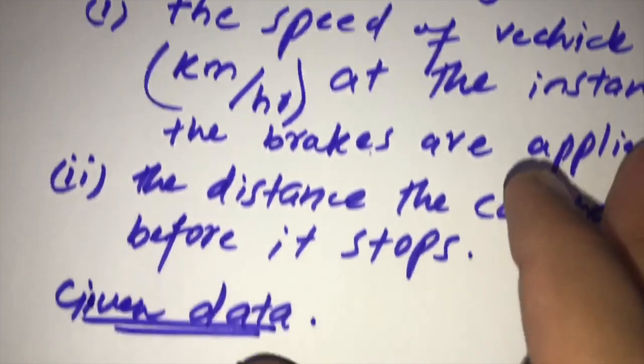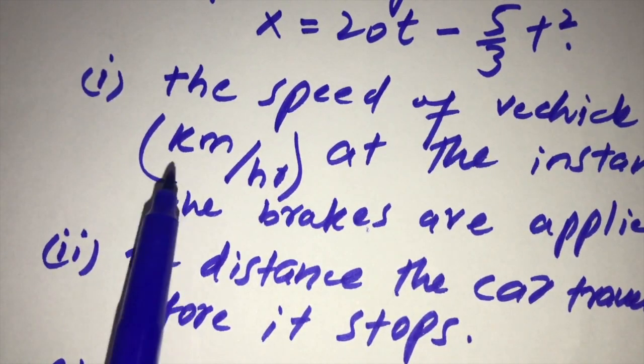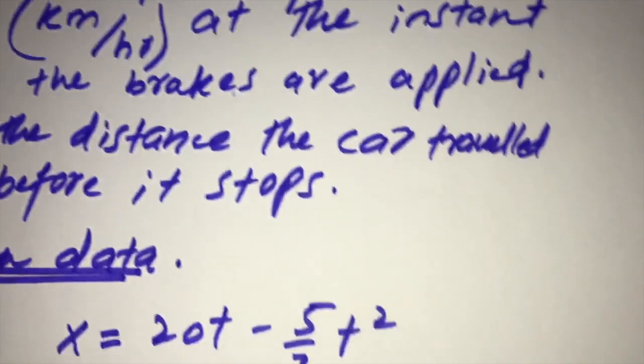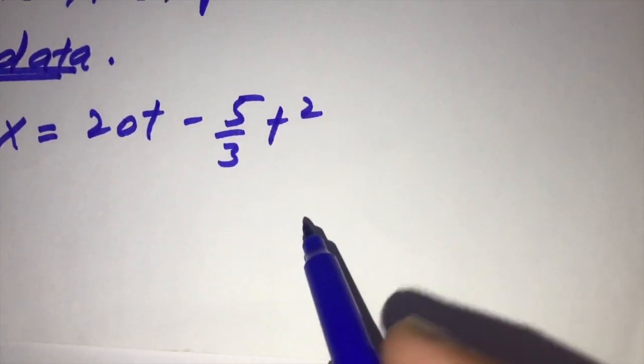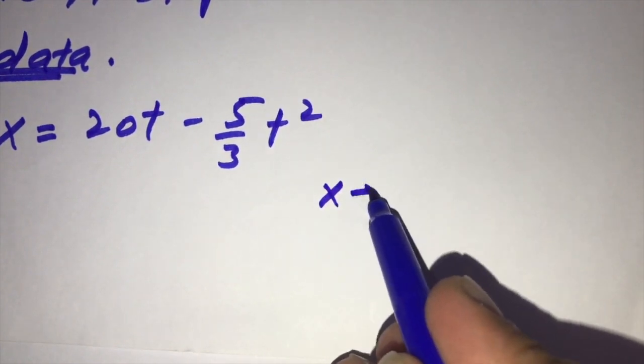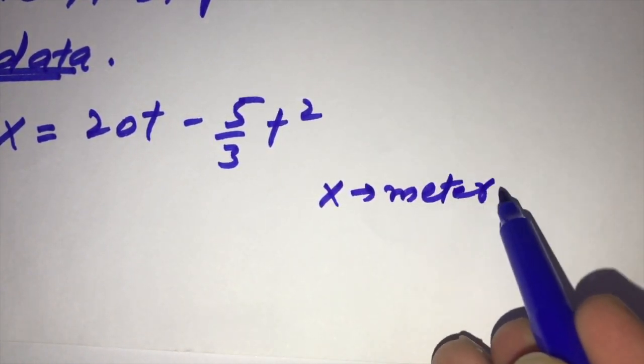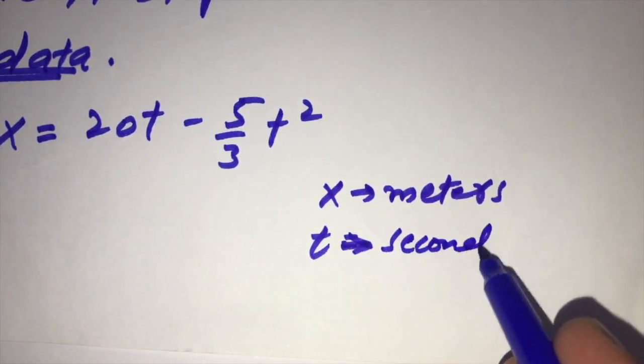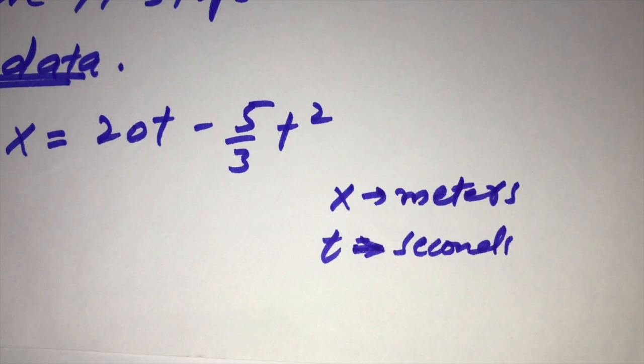But what it demands is the speed in kilometer per hour, in our first part, the speed of the vehicle at the instant the brakes are applied.